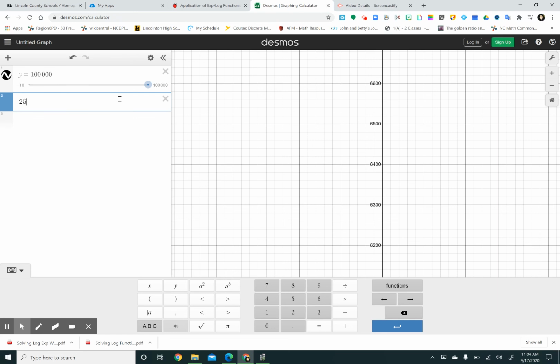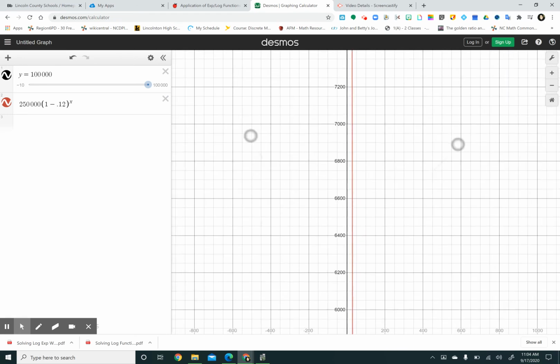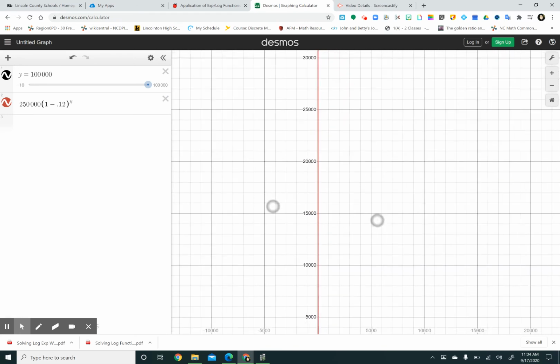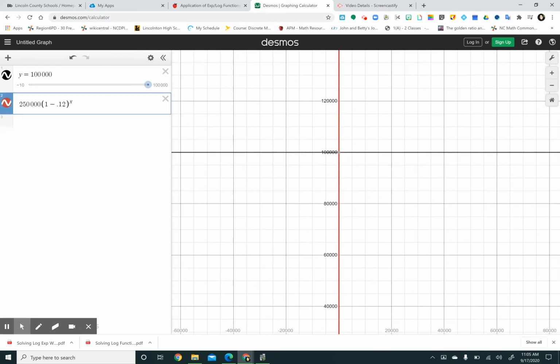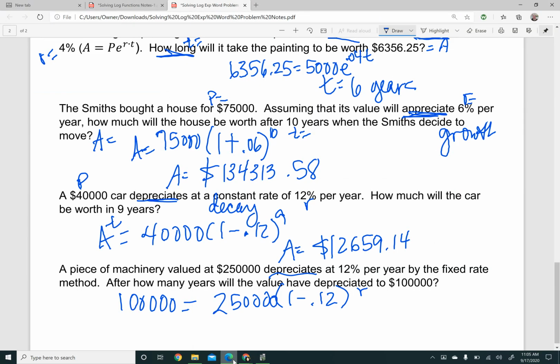We're going to do 250,000 times 1 minus 12%. We don't know when, so that's our X. And we would find where this line crosses 100,000. And that point would be 7.168. So T equals 7.168 years.